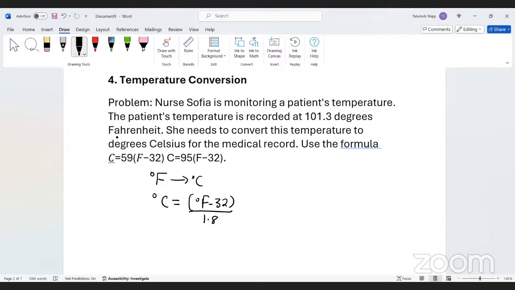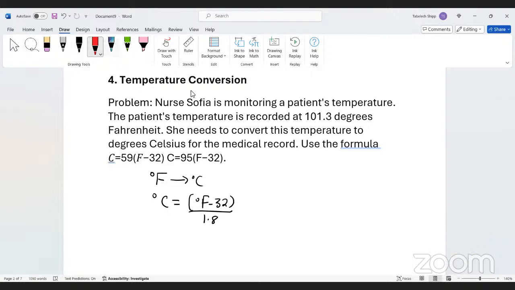Degrees Fahrenheit minus 32 divided by 1.8. So we're going to do this two different ways so that you all are able to see how simple this can be, meaning there are different ways in which your temperatures can be provided. So what I know in this particular problem is that they gave us 101.3 degrees Fahrenheit.